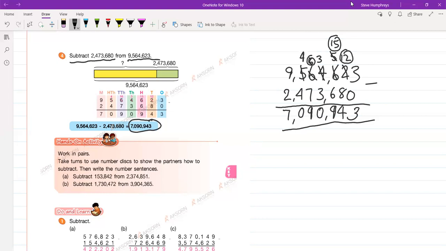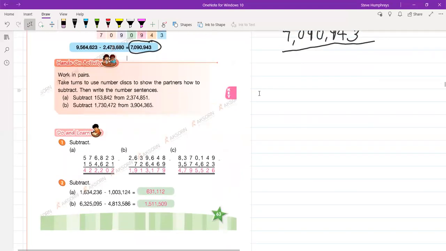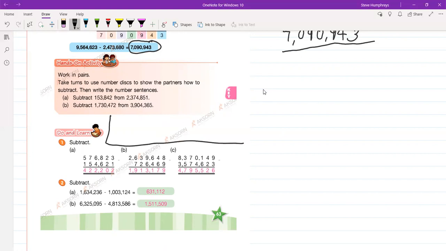Okay, right, now students, you're going to do these examples. You can do them on a piece of paper, or you can do them here in the textbook. If you've got enough room, you can do them here. Okay, so do and learn.